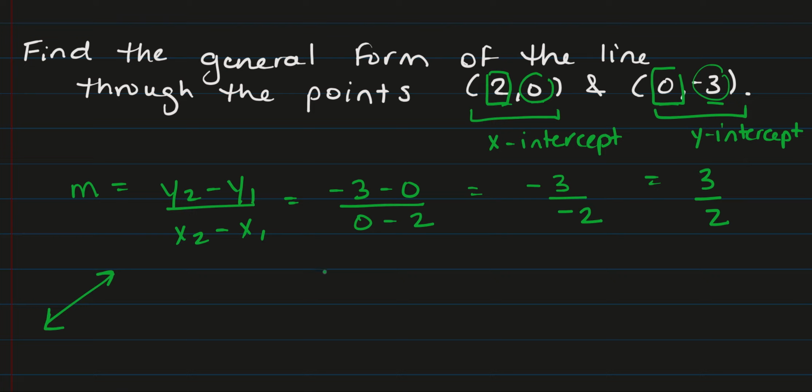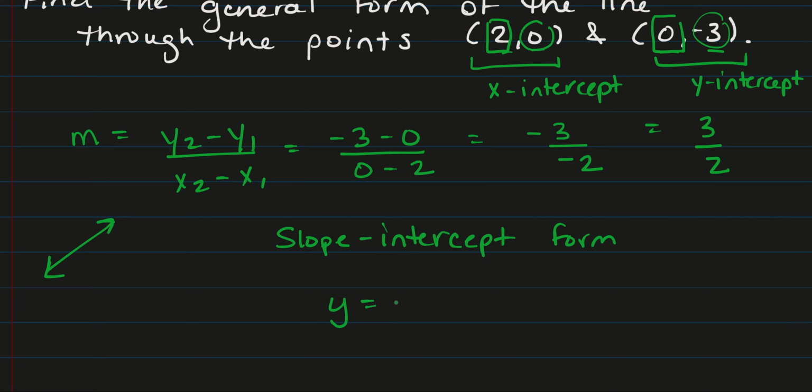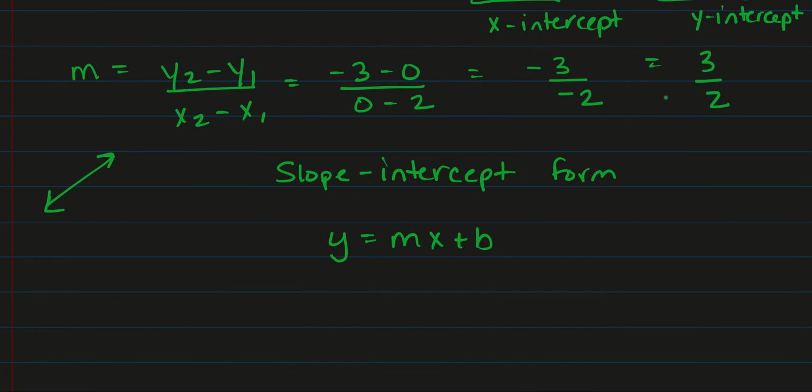Okay? Now, I'm going to use slope-intercept form, which is y = mx + b, because I have the y-intercept here, (0, b). So now the line is y = (3/2)x for the slope. We found that.